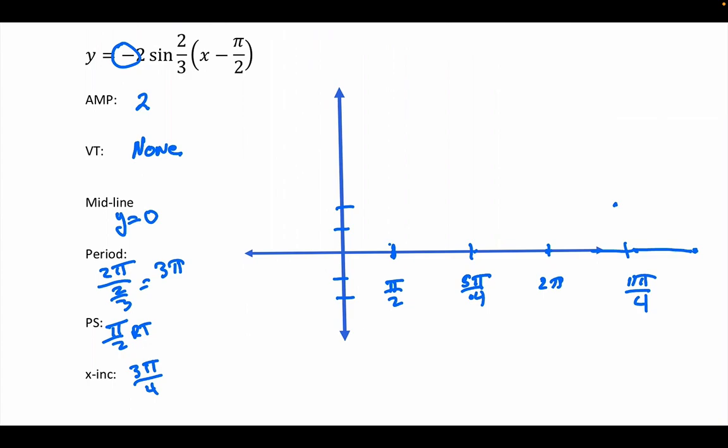Okay, so it looks kind of like that. Again, I can see I'm up here at 2 and down at -2, and then that would complete my period out there, which is out there a ways.